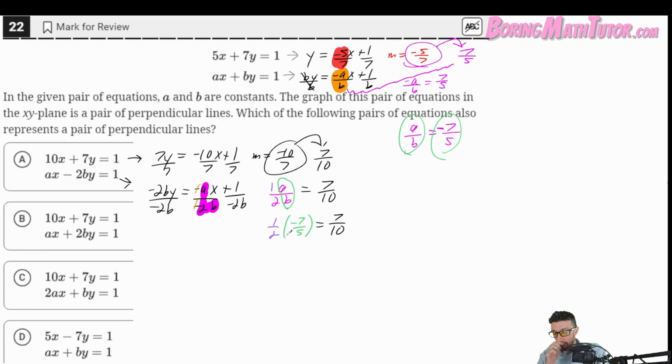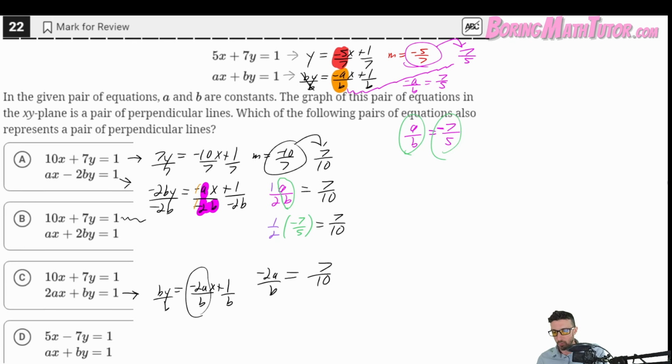So that's not working. Now, C uses the exact same equation for both B and C as they did for A. So that must mean I'm still going to want to try to get to a 7/10 slope for this one. So that means I want to solve this one for y. I get by equals negative 2ax plus 1. I divide everything by b. And now I just want to make sure that this slope, this negative 2a over b, does come out to the 7/10, just like before.